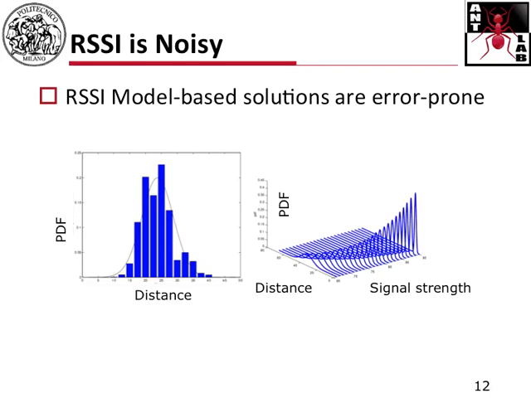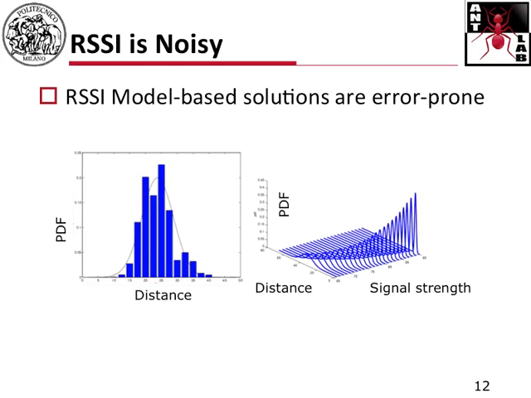What you can observe is that the distance returned by this model-based approach may be different even if the point does not move. If you look at the figure on the left-hand side, it shows the probability distribution function, so the probability of getting a specific value of distance over several attempts.